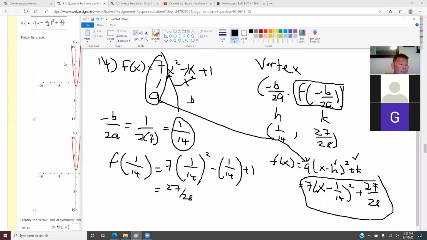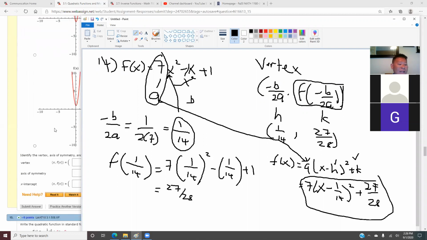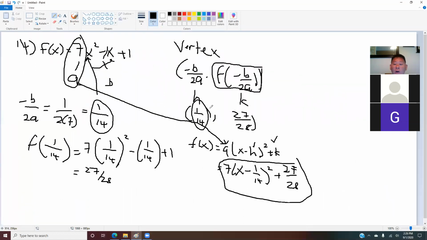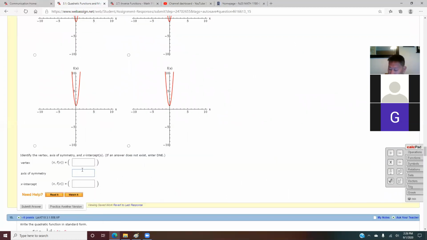Okay. Now, one thing about people have a problem finding the axis of symmetry. A lot of students find your axis of symmetry, which is the same as h. So when they do the axis of symmetry, they give me 1 over 14. Like here, you type 1 over 14, and you will get marked wrong.